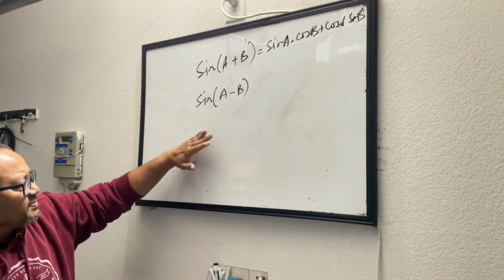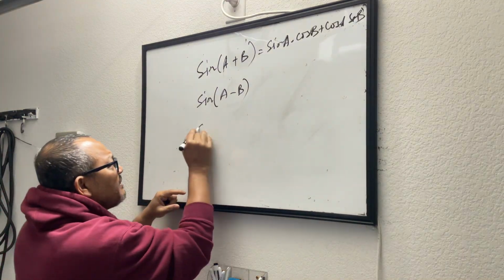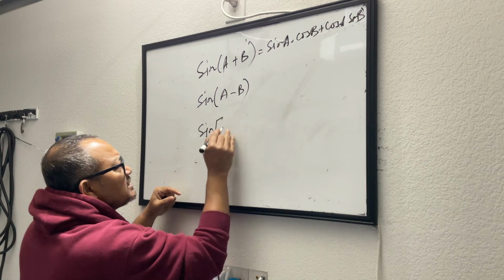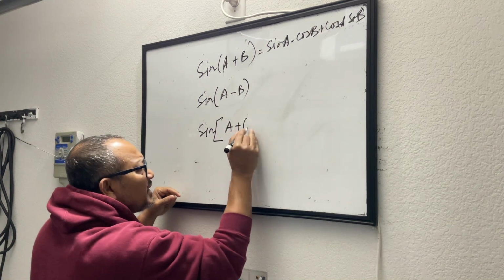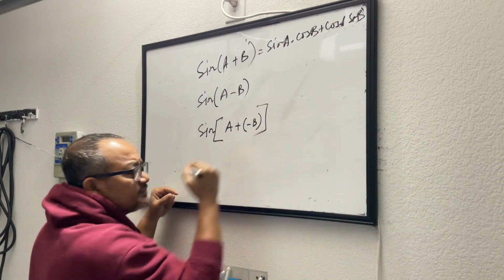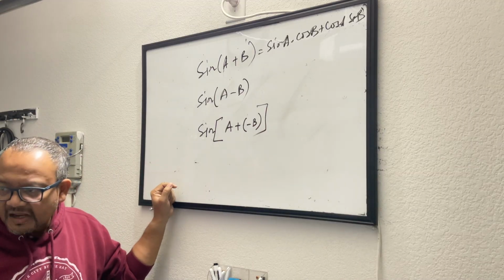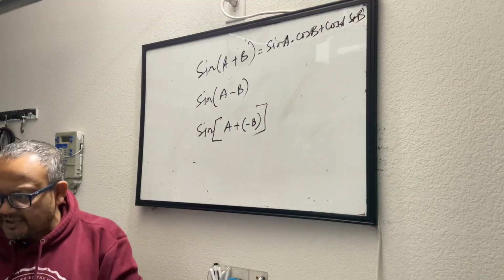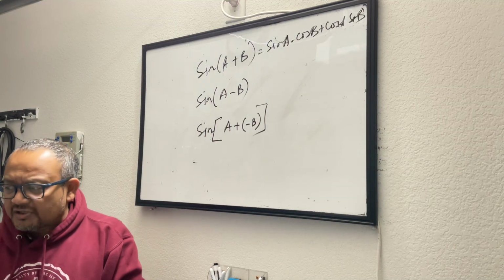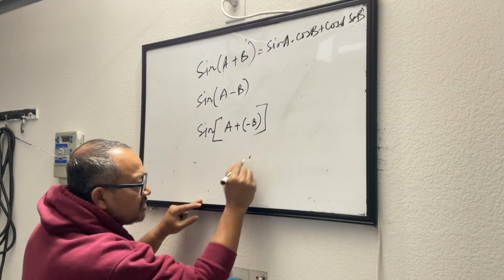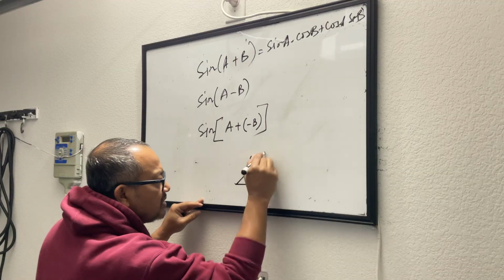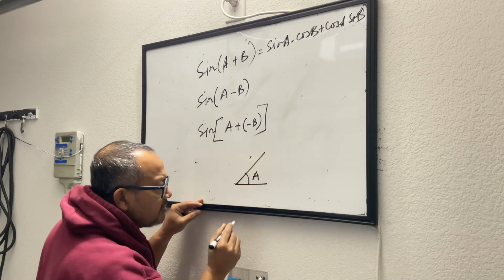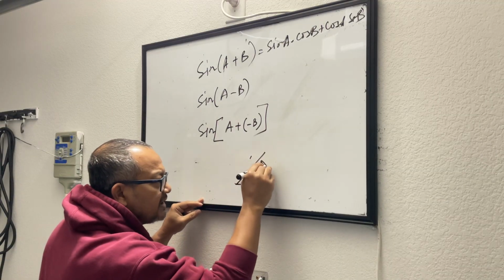Now, A minus B. Can I say A minus B is nothing but A plus minus B? Is that okay? So instead of having two angles A and B, I have two angles A and minus B. What does it mean to us? If I'm talking about angle A, I'm going in the anti-clockwise direction.